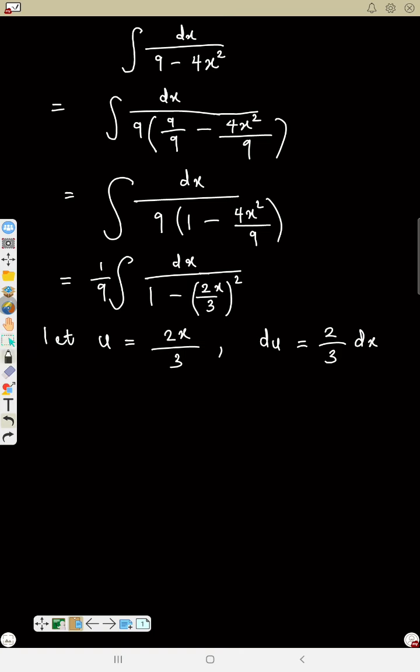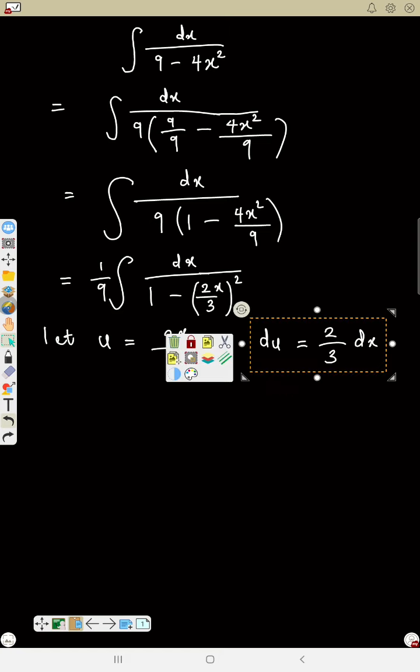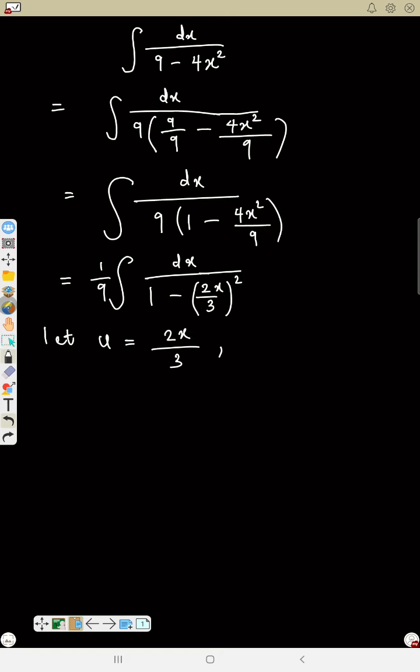Now this part, let me show it so that you can see how we cancel out. Now it means from here we say du over ds, as in if u is this, then du over ds will be equal to 2 over 3, as in that's it. So that means if we differentiate this, we get 2 over 3. Now that means I represent everything in this bracket to be u.